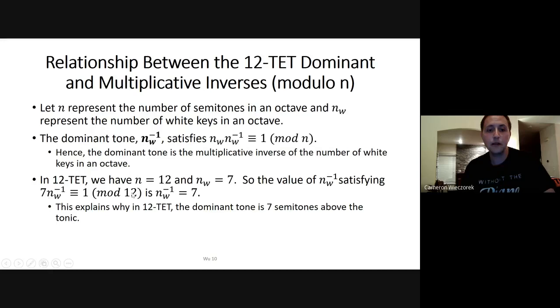If you divide 49 by 12, 12 goes into 49 4 times with 1 remainder left over. So my inverse, coincidentally, also happens to be 7. That explains why in the 12-tone system, the dominant tone is 7 semitones above the tonic. It's because it satisfies this equation, for any temperament system. And we'll see in a little bit what it would be in the 19-tone system as well.